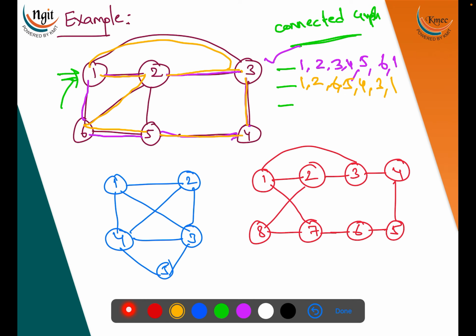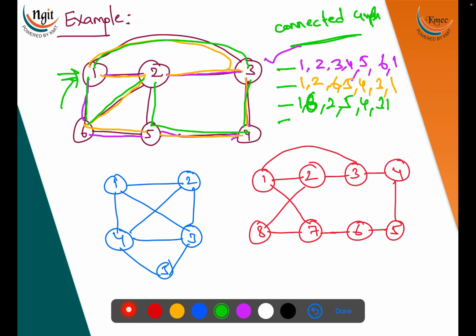And is there any other way? Let's check. 1 to 6, 6 to 2, 2 to 5, 5 to 4, 4 to 3, 3 to 1. This is also one. So there are many Hamiltonian cycles from this graph.